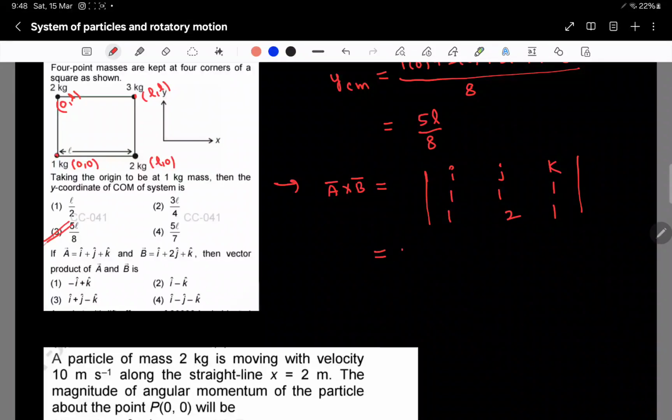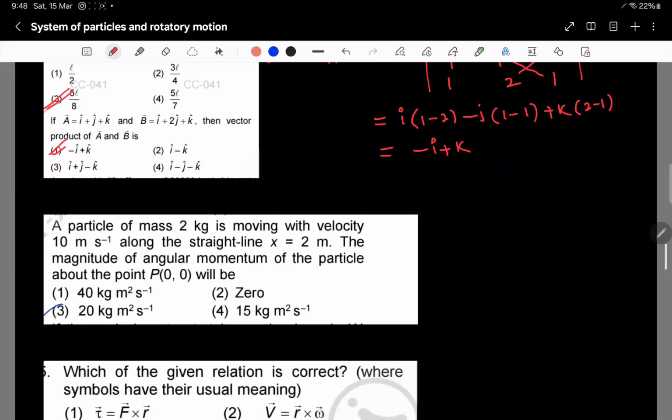The i component is the determinant: i into (1 minus 2), minus j into (1 into 1 minus 1 into 1), plus k into (2 minus 1). So that means minus i, 0, plus k, that is minus i plus k. It is the first option. Cross product also you can calculate fast and easily.